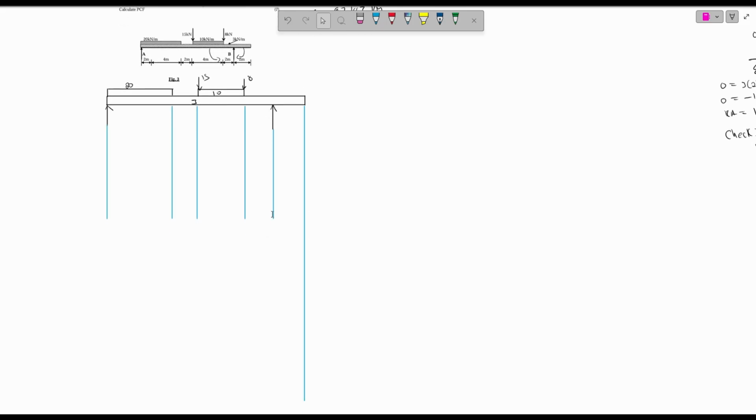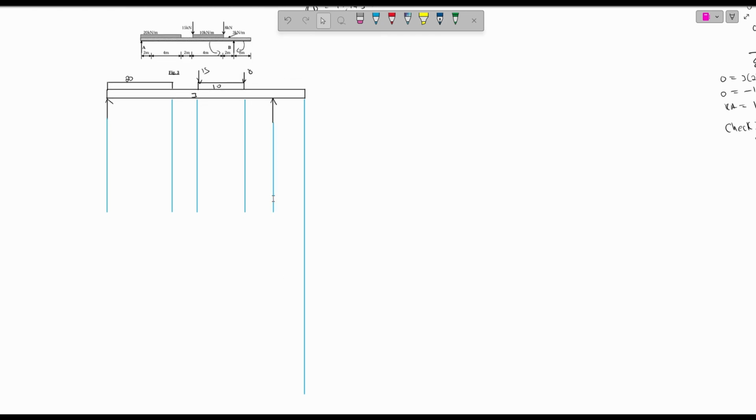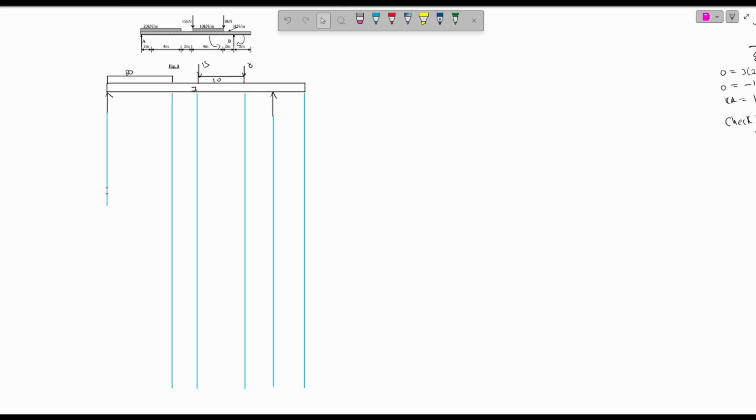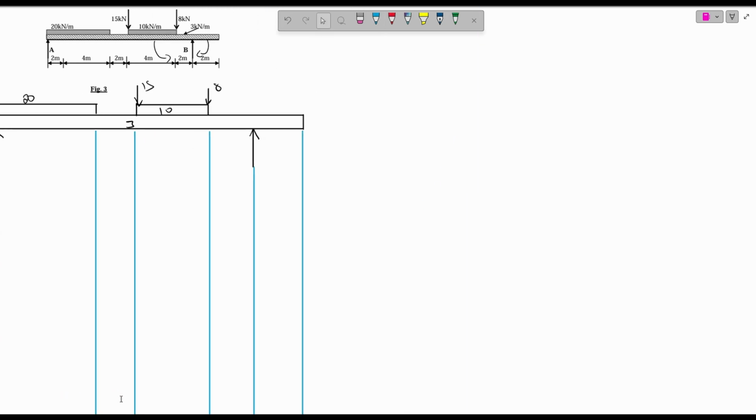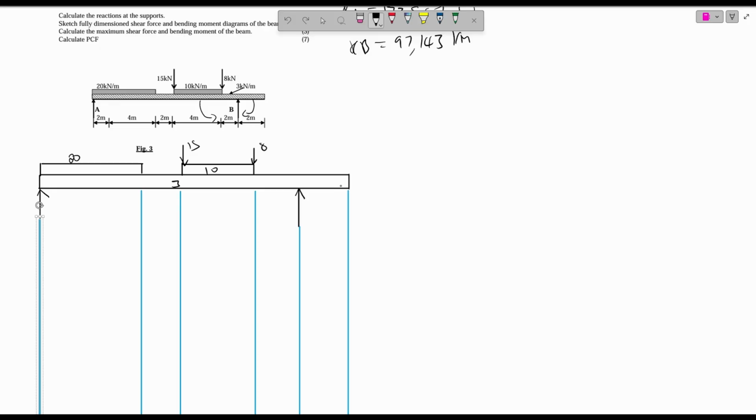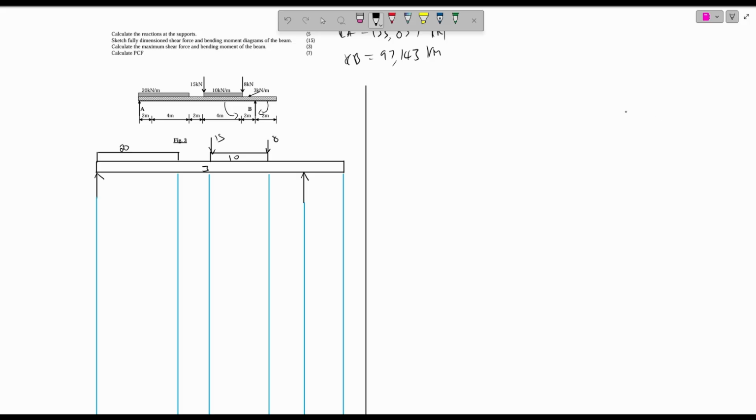Separate this here for the shear force calculations and bending moment calculations.